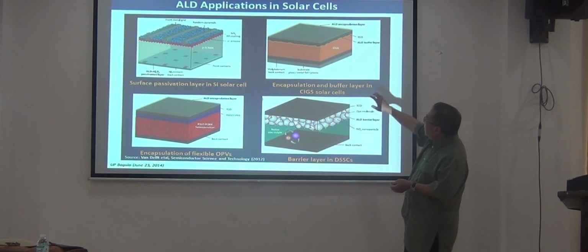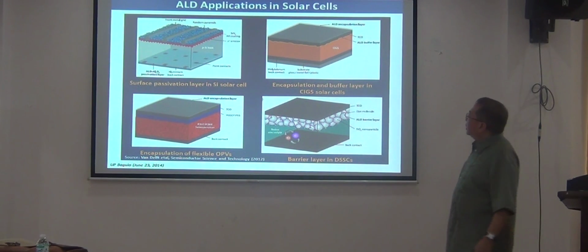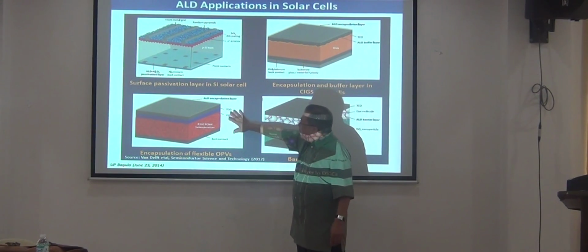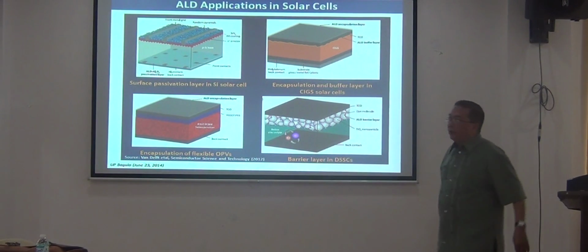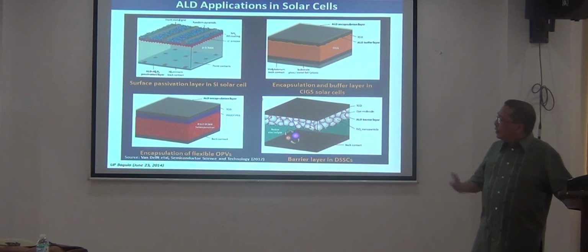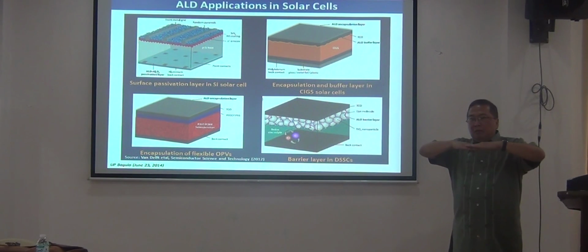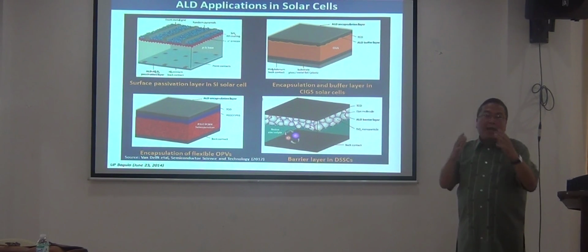It's used for encapsulation and buffer layers in the CIGS solar cells. In the field that I'm working, we use it for encapsulating organic photovoltaic devices. In addition, one interest that we have is to make this onto plastic.